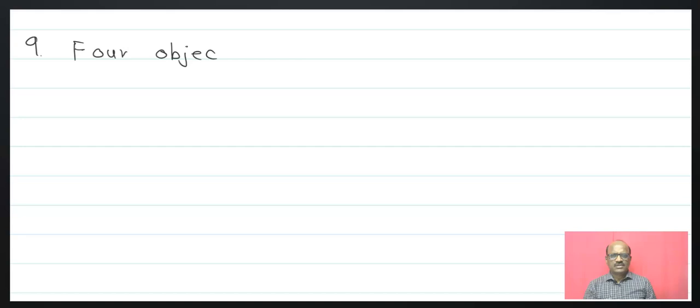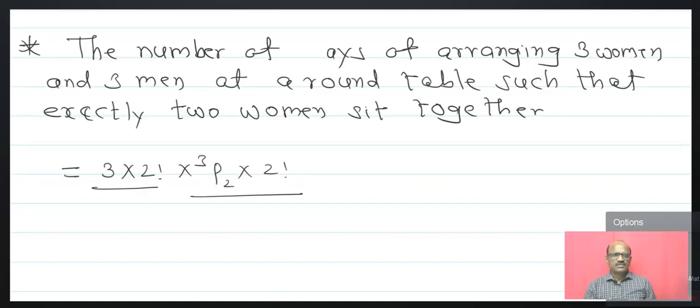We will see this again here: 3 into 2 factorial, 3p2 into 2 factorial. This is for the women, and two women can be selected in three ways. The 2 men can be arranged in 2 factorial.